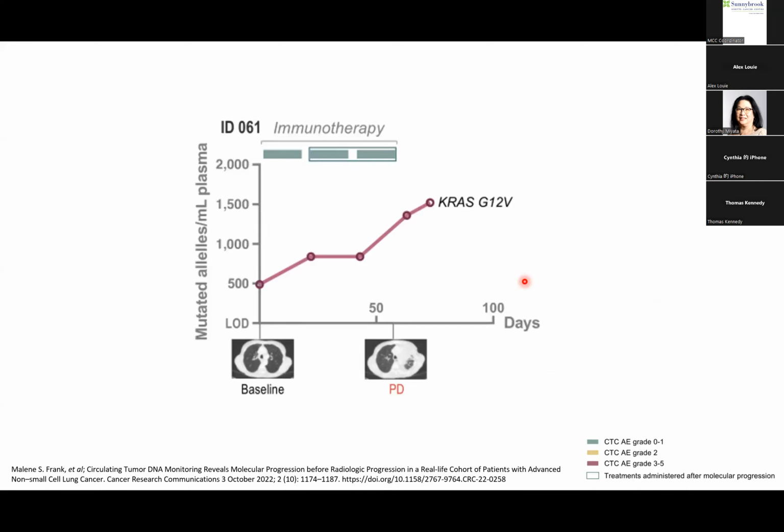For example, in this patient, this is a 63-year-old patient who was receiving immunotherapy. She had progressive disease at first radiographic imaging after 3 treatment cycles. However, her liquid biopsy showed significant ctDNA increase over that same time, prior to even the second cycle of immunotherapy.